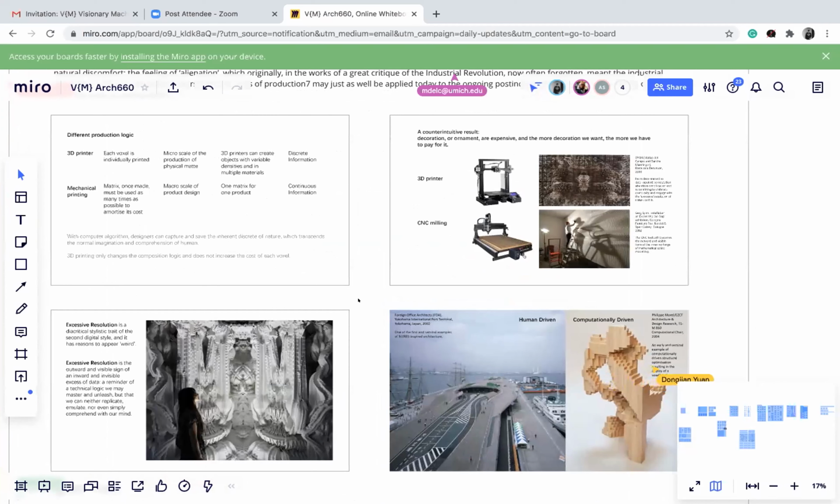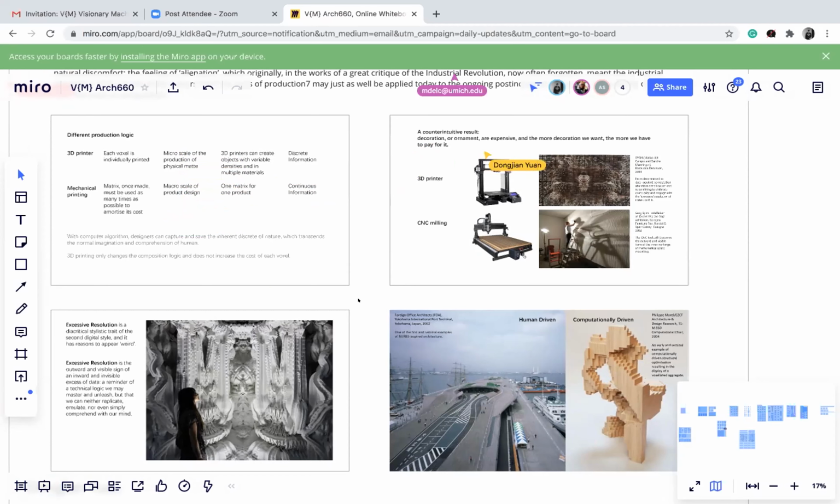Not only the designs, but also technology like 3D printing makes this complex decoration come true without costing a lot. Sorry.